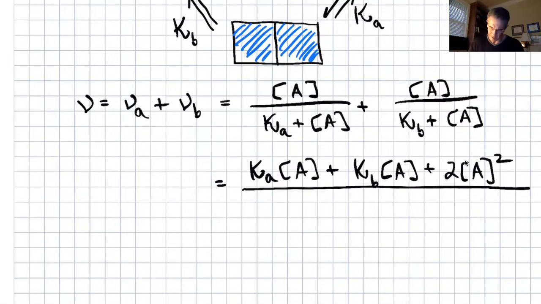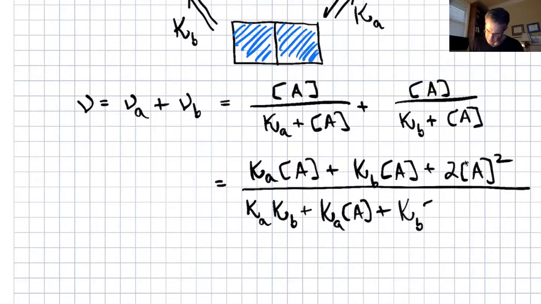Divided by kappa A times kappa B plus kappa A concentration of A plus kappa B concentration of A plus concentration of A squared.